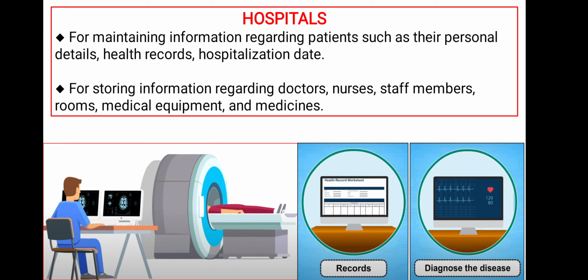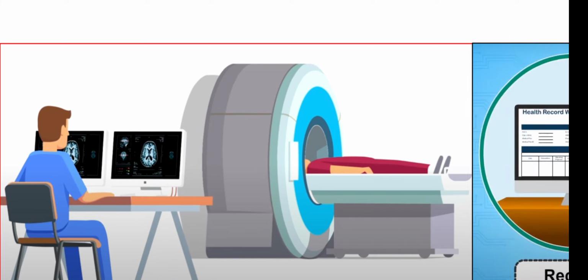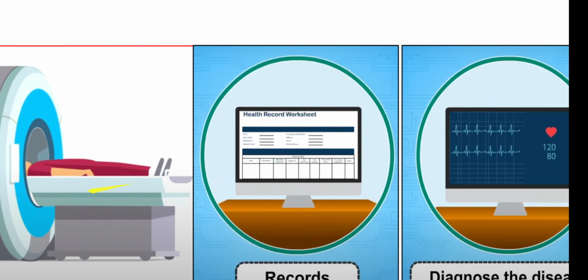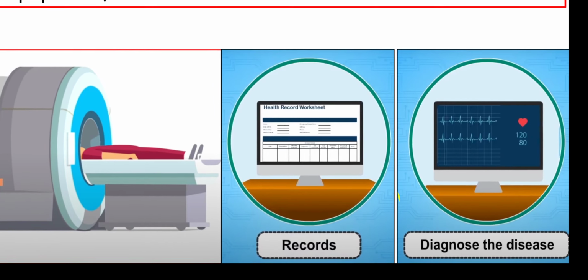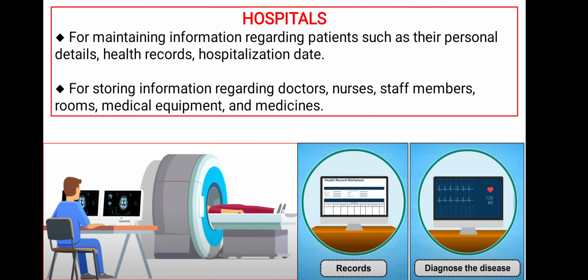As you can see, one person is diagnosing the patient and he is using the computer. Here, as you can see, all the medical records are recorded in that particular computer that man is operating there, and the important records in the form of electronic sheets, in the form of PDF, are maintained, and the diagnosed disease and the doctor report.